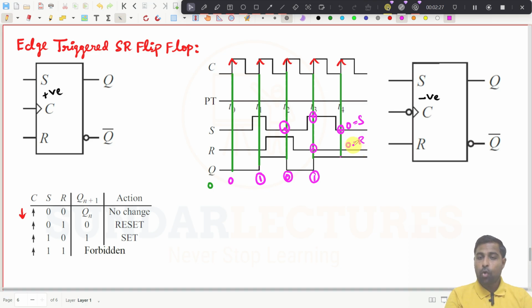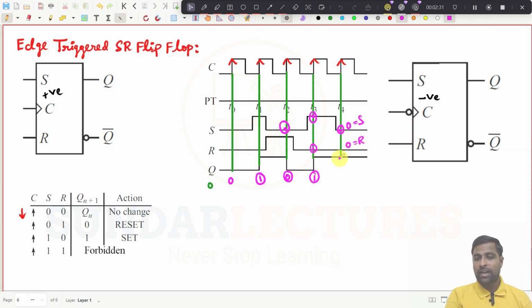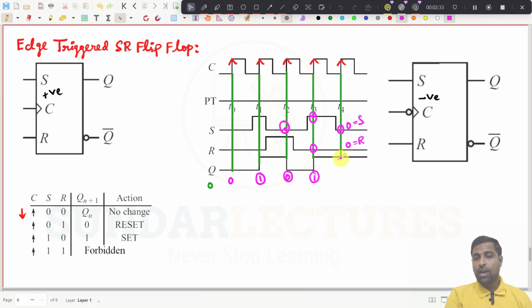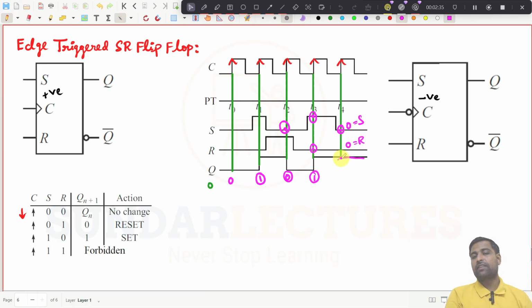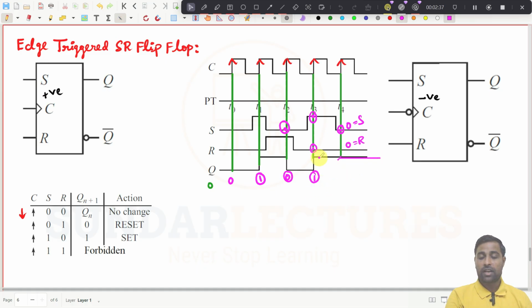What is this one? No change condition. I am having output as 1 already as the previous state. So the present state will also remain 1. It will hold on to the 1 because there is a no change condition occurring here.